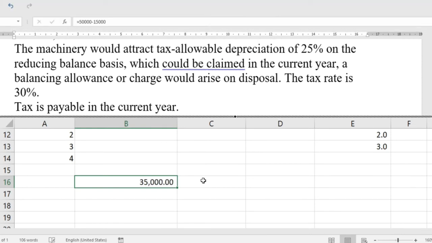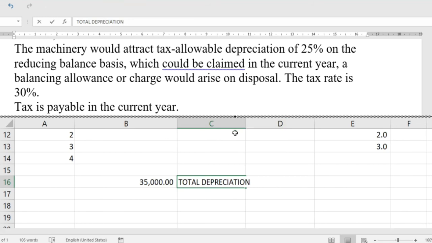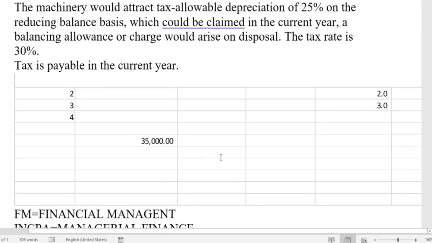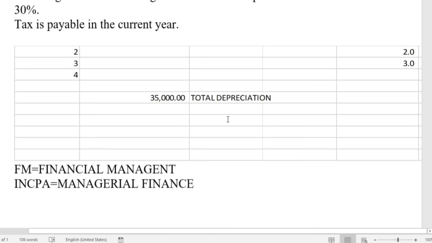Then under the 35,000, what is the tax saved? This amount is equal to the total depreciation. Under this total depreciation, what is the tax saved?